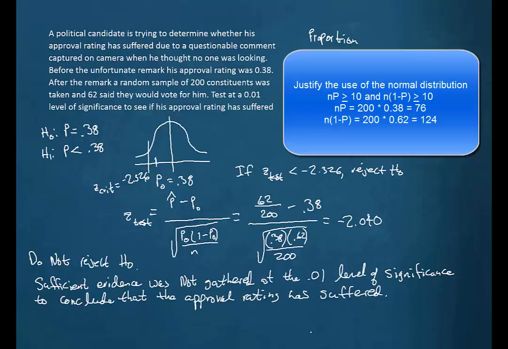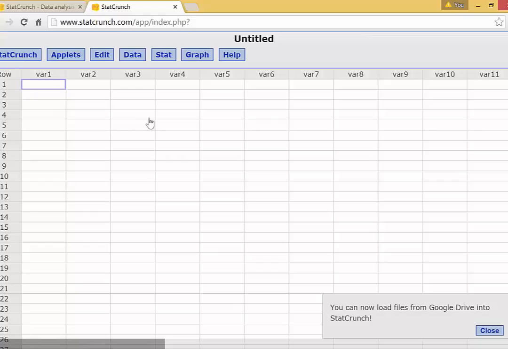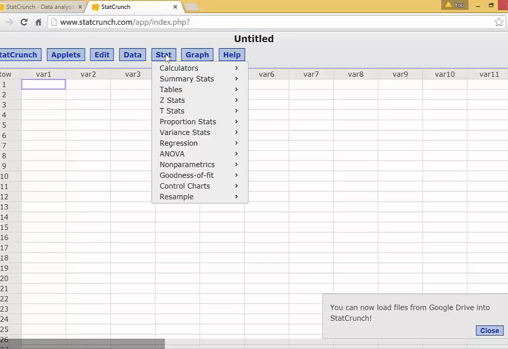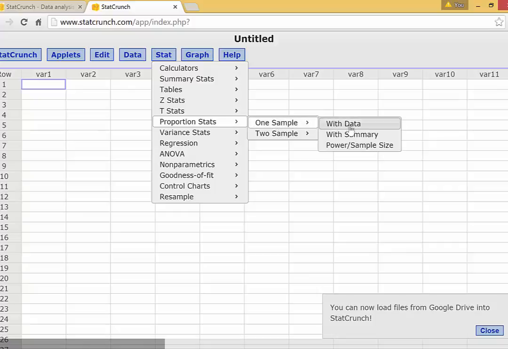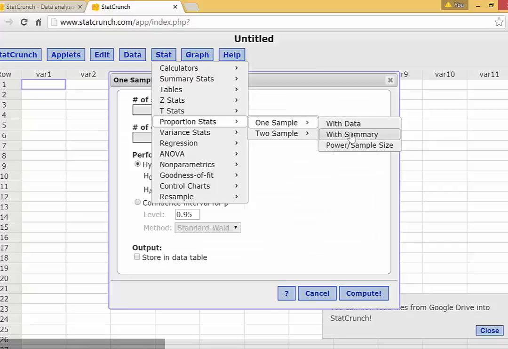Now, why would this candidate test this at a 0.01 level of significance? Why would alpha be 0.01 when so many times before alpha has been 0.05? Well, let's take a look at the p-value. We can find the p-value by pushing stat, proportion stats, 1 sample, with summary.